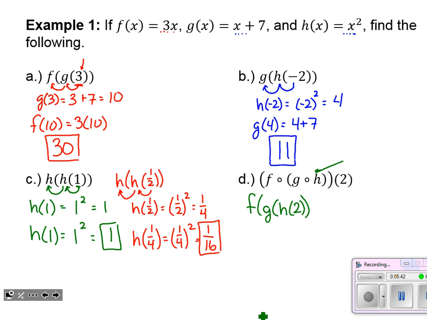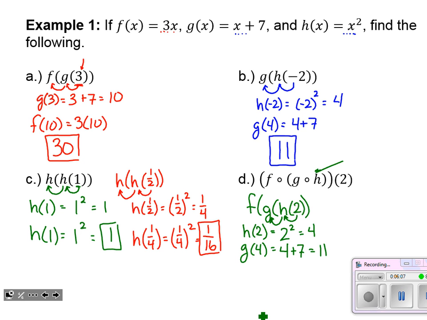Let's see what happens. So the inside thing is to take a 2 and plug it into h. What is h of 2? Well, the rule for h says to take that input and square it, so that's a 4. That result then has to go into g, so g of 4, and my rule for g says to take that input and add 7 to it.